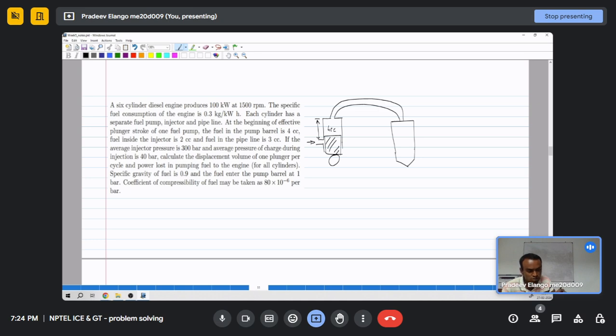This is 4 cc, and here it is 2 cc. In the pipeline it is 3 cc, and inside the injector it is 2 cc of fuel. So in total, 4 plus 3 plus 2, that is 9 cc of fuel is in the system.